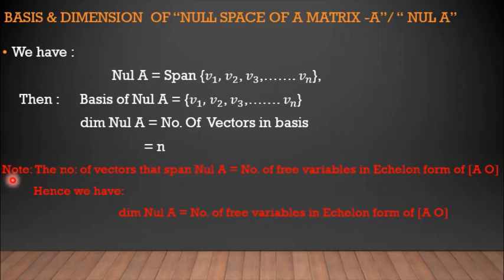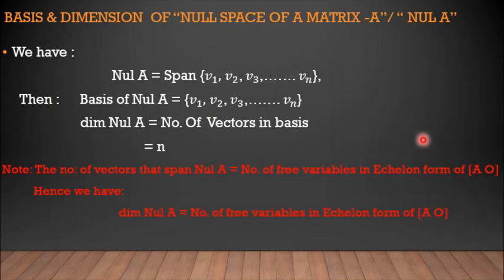So here we can note down a point that the number of vectors that span null A is equal to, as we observed in echelon form, the number of free variables in the echelon form of the augmented matrix A|0. Hence, we can say in short that the dimension of null A is equal to the number of free variables in the echelon form of the augmented matrix.